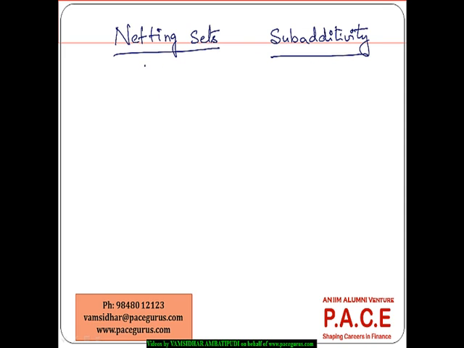So whenever I talk about a netting set, it's a set of trades that can be legally netted together. I can net them together in case a company has defaulted. So whenever I am using the word set, it need not be 100 trades. It could be a single trade also.